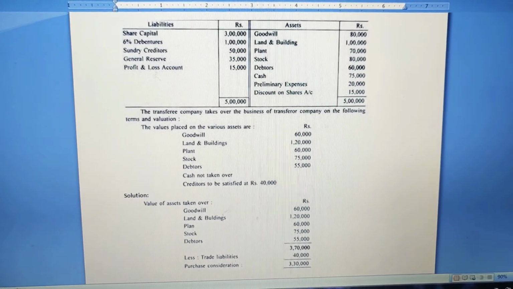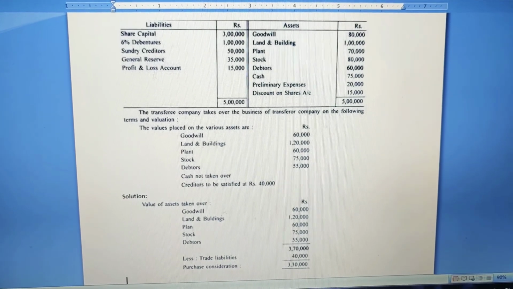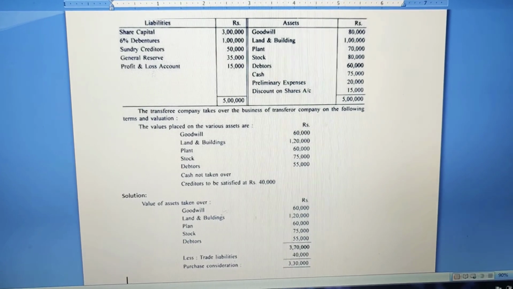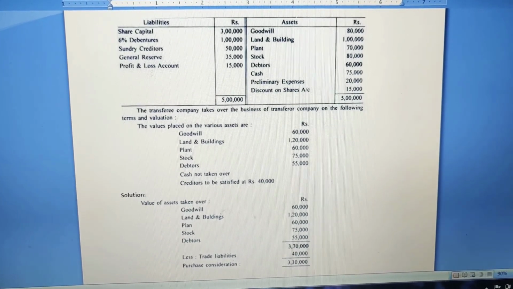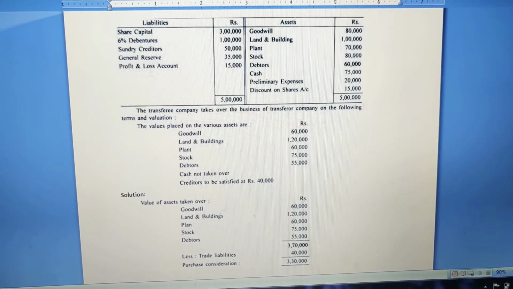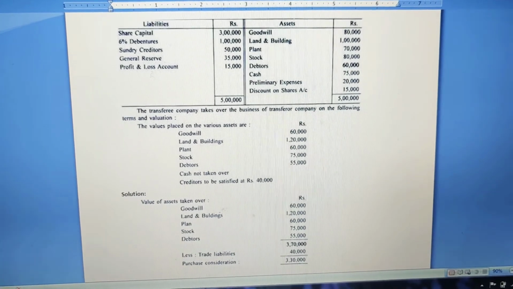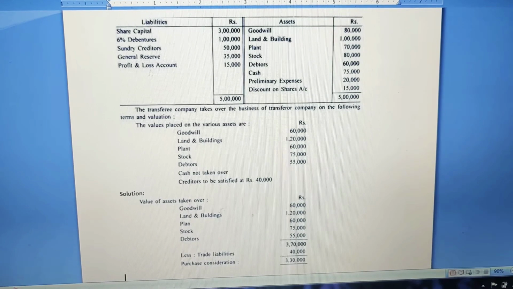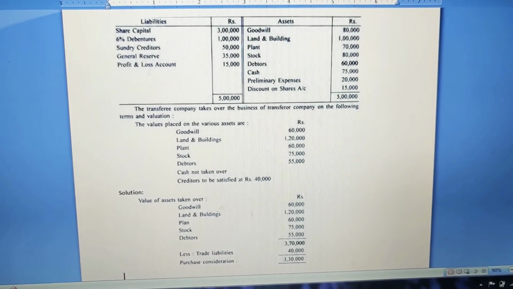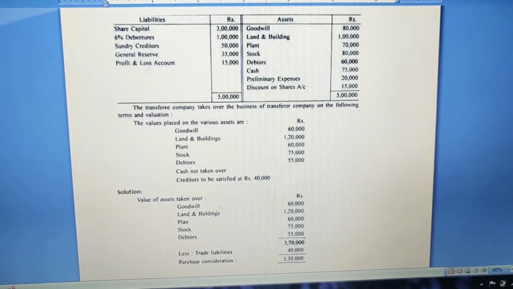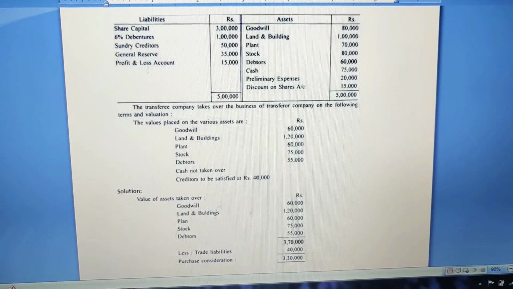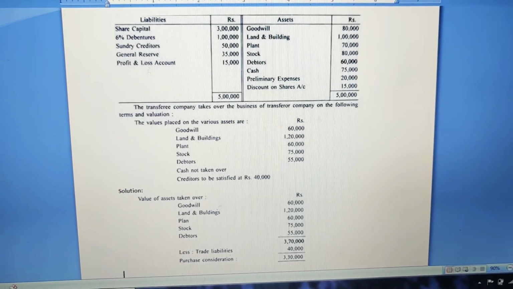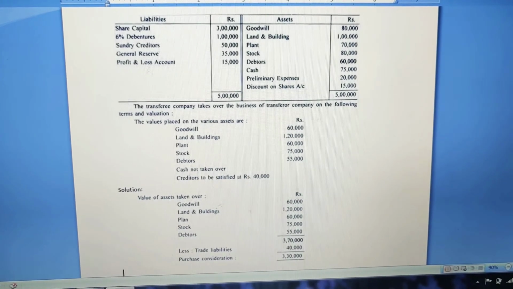We have already discussed this: take the agreed amount or the book value, whichever is given in the question. So you have to take the agreed value. Clear? Land and building is taken by the transferee company at 1,20,000, while in the balance sheet it was 1 lakh. You have to take 1,20,000, the amount agreed between both companies.